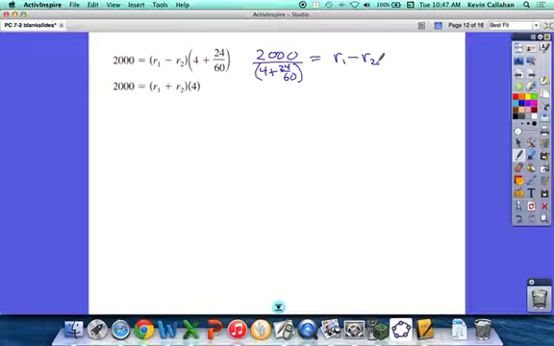Okay, well, put it in the calculator, see what you get. 2,000 divided by parentheses 4 plus 24 divided by 60. 454.54. Okay, for this one, divide both sides by 4. So 2,000 divided by 4 equals R1 plus R2.